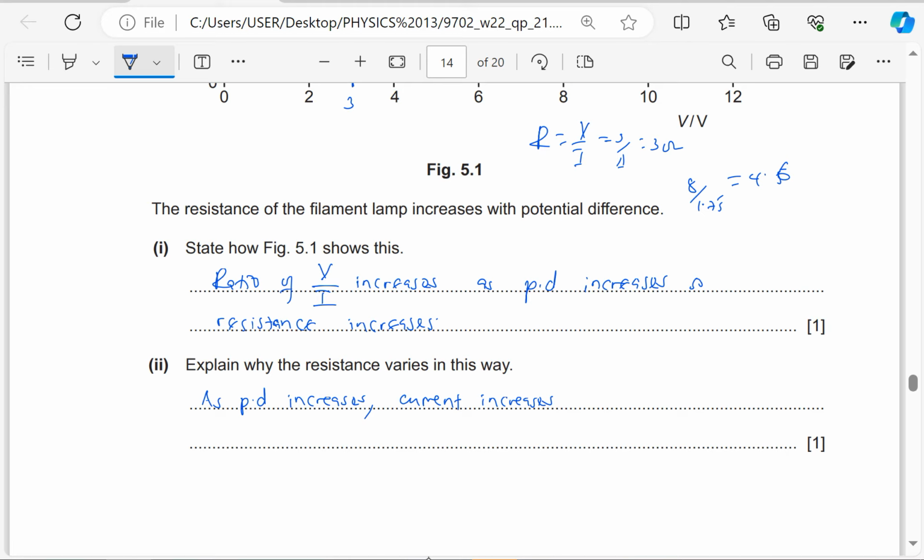And if these two increase, the temperature also increases. So for a filament lamp, the reason the resistance increases is because the temperature of the filament increases as the PD increases.